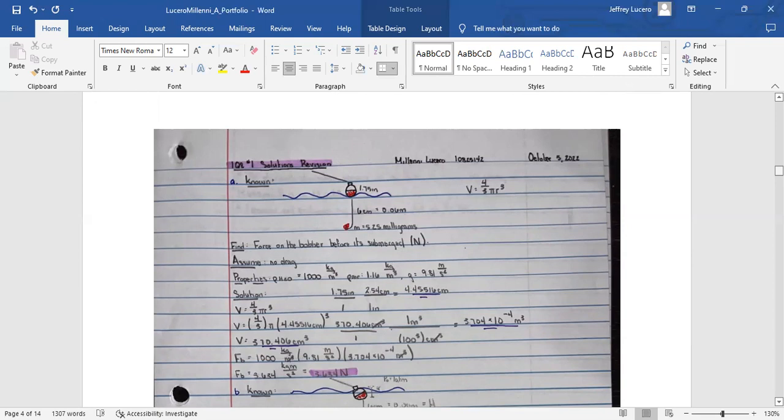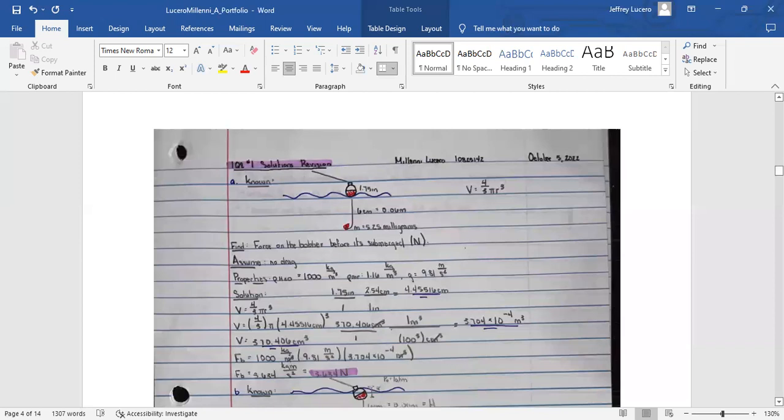We know we need to find the force of the bobber before it's being submerged. We can assume that there is no drag, and the properties are the density of water, which is 1000 kilograms per meter cubed, and the density of air is 1.16 kilograms per meter cubed, which is stated in the question above.